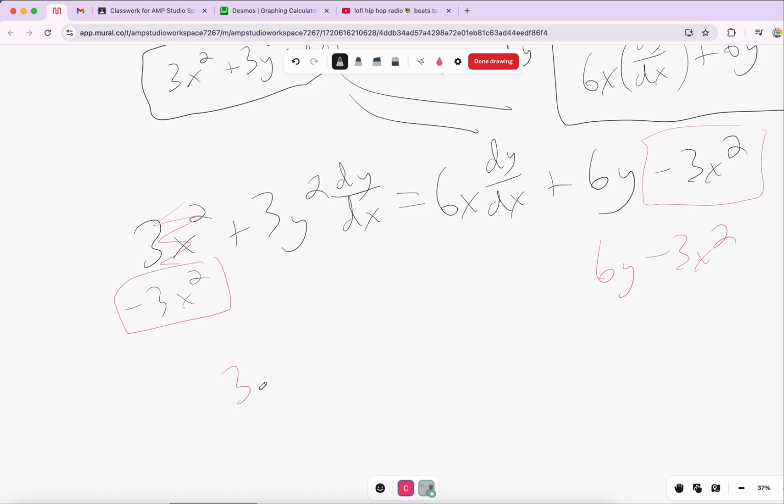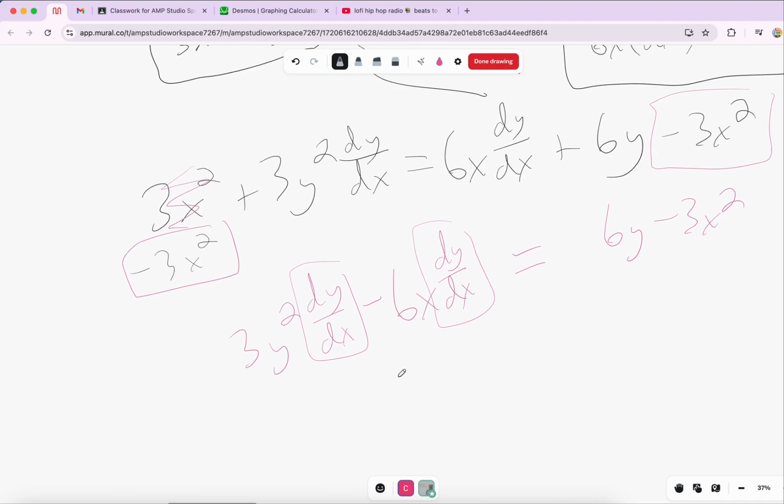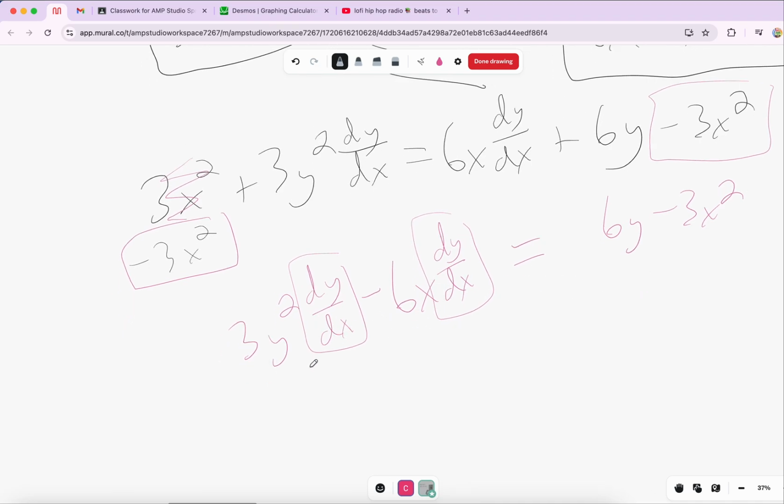And then I've got to move the 6x dy/dx over here. So that gives us 3y squared dy/dx minus 6x dy/dx. Now I've moved all the dy/dx's to one side. Again, this could just be written as y prime, depending on how you want to do it. Now, what can I do with this side?